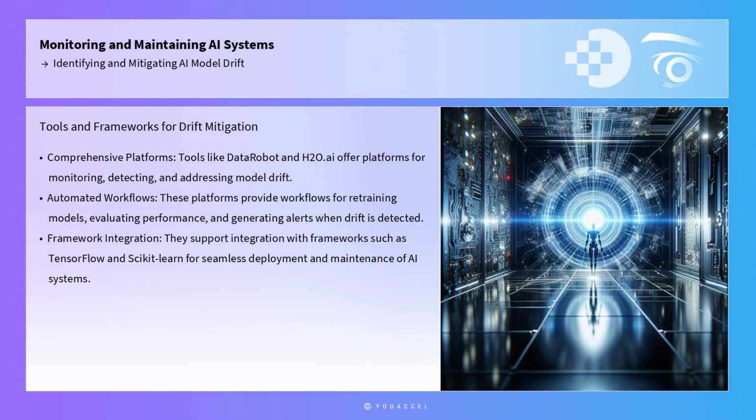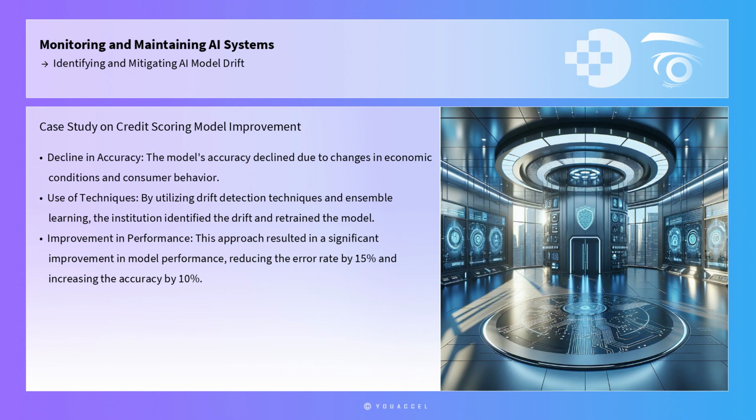A case study that illustrates the effectiveness of these tools involves a financial institution that deployed a credit scoring model. Over time, the model's accuracy declined due to changes in economic conditions and consumer behavior. By utilizing a combination of drift detection techniques and ensemble learning, the institution was able to identify the drift and retrain the model with updated data.